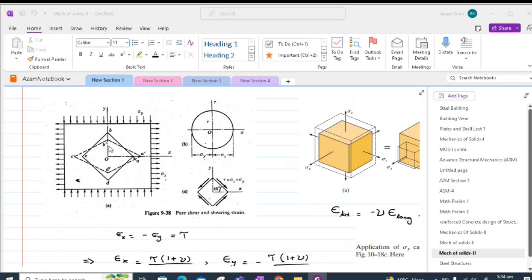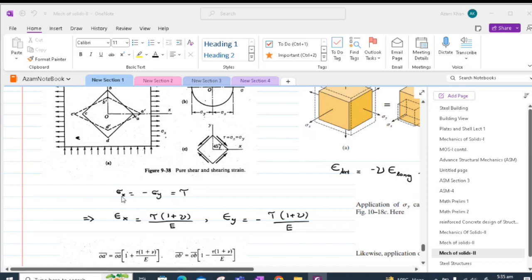The angle between B prime C prime and B prime A prime has increased from 90 degrees. Similarly, the angle between D prime C prime and D prime A prime has also increased. We can say that the right angle at A has decreased to 90 degrees minus gamma, whereas the right angle at B has increased to 90 degrees plus gamma. Gamma is the shearing strain.